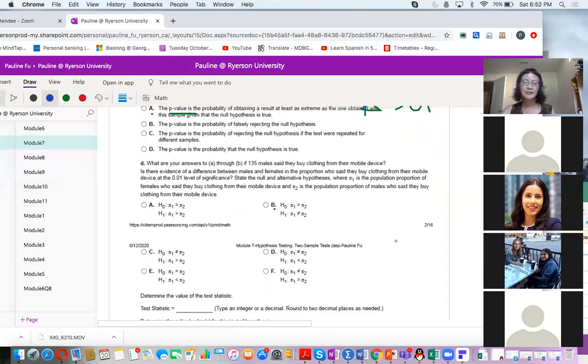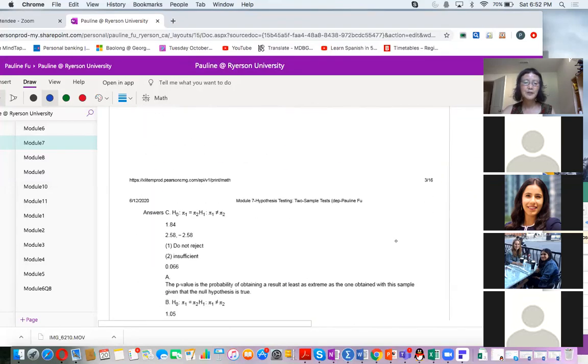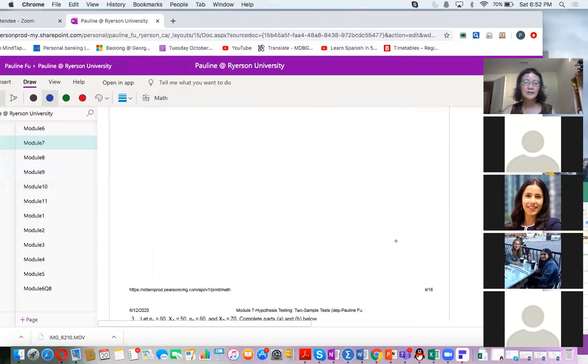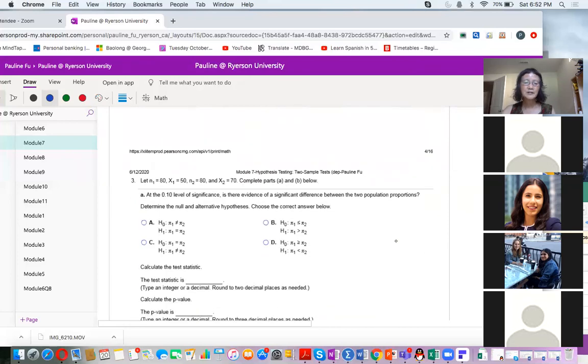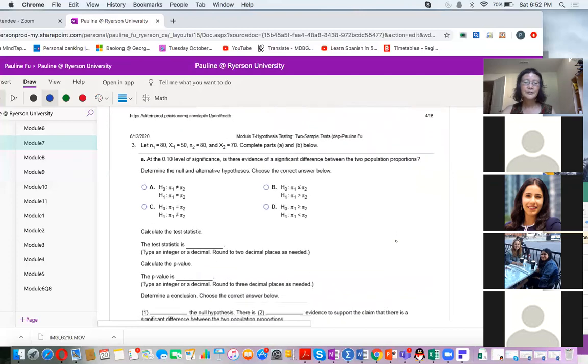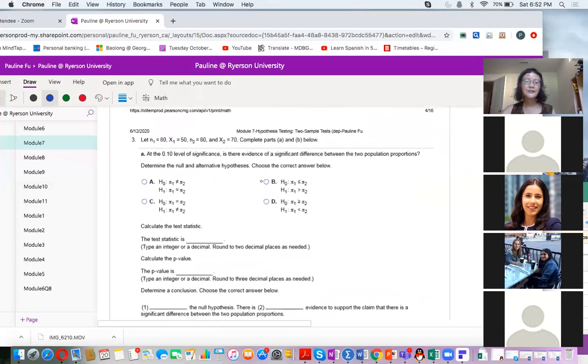All right. So this is two population proportion problem. Let's do this one. Question 3. Suppose N1 equal to 80, X1 equal to 50.